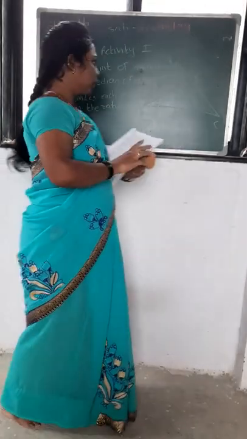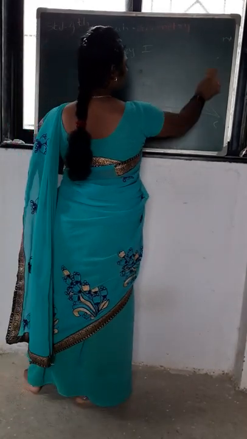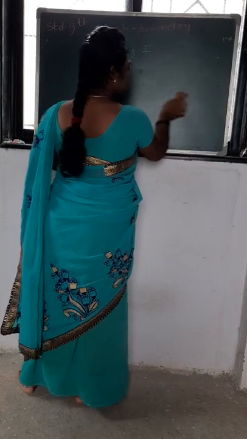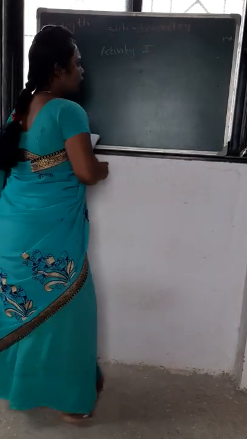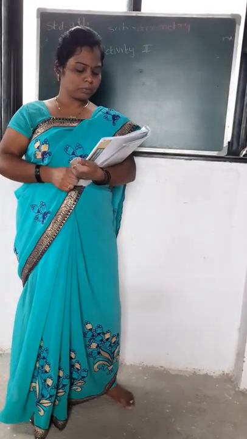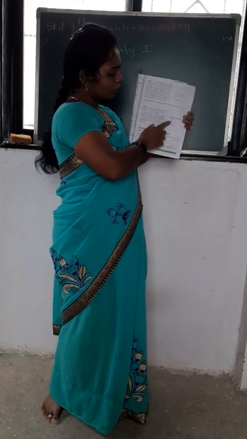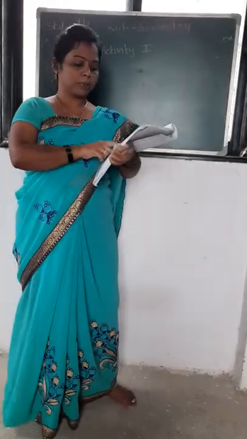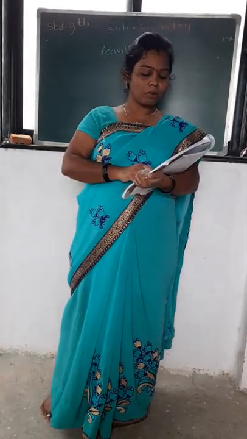Then next, activity second. Draw a triangle ABC on a cardboard. We have given one cardboard in the diagram. Draw its medians and denote their point of concurrence as G. Cut out the triangle.